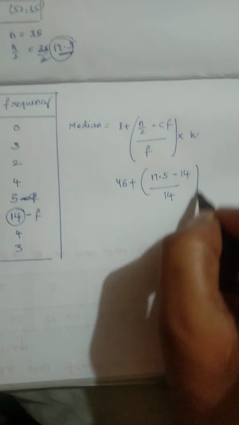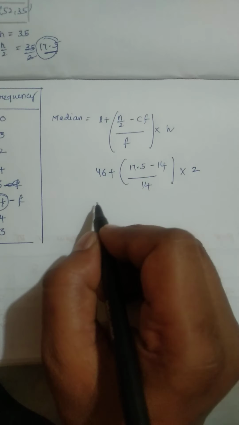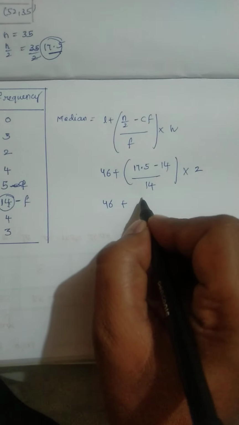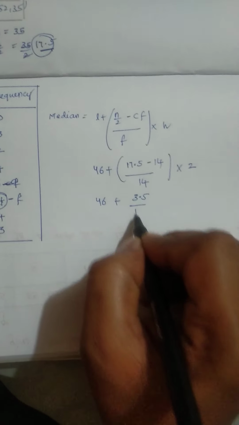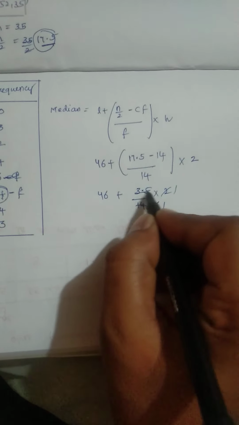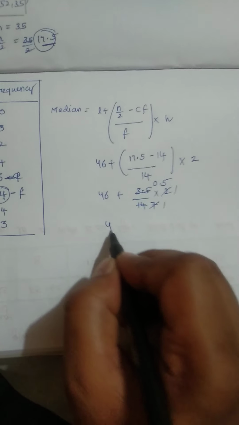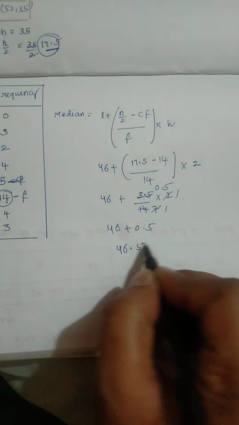Frequency is also 14. And the difference between two successive class intervals is 2. So 46 plus 17.5 minus 14, that is equal to 3.5 divided by 14 into 2. So 46 plus 0.5, that is equal to 46.5 children.